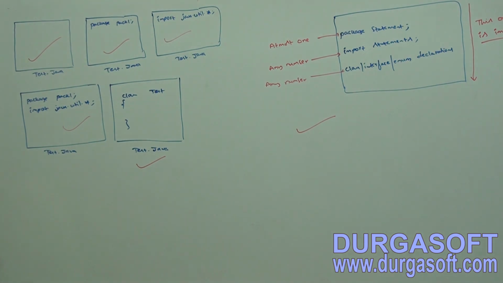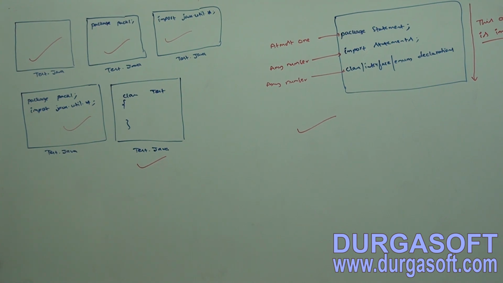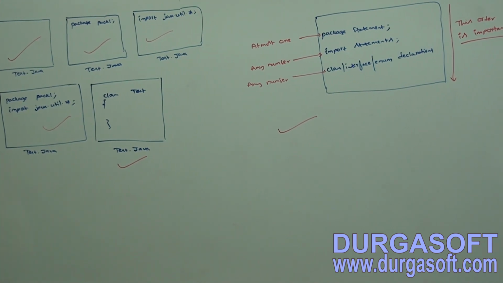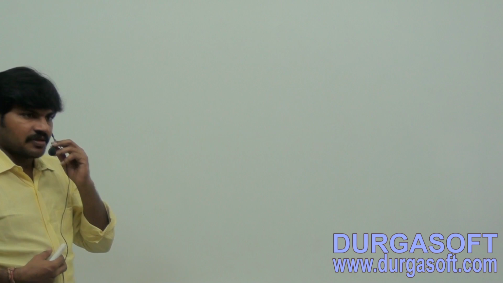Okay, completed, I hope. That's all, at most one. Okay, these are valid Java programs, right? Okay, that's all. So this is about Java source file structure. So the first module in declarations and access modifiers is this one.